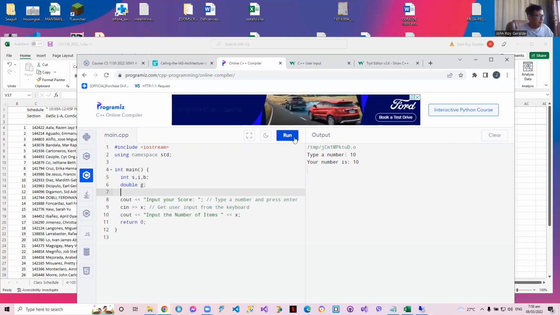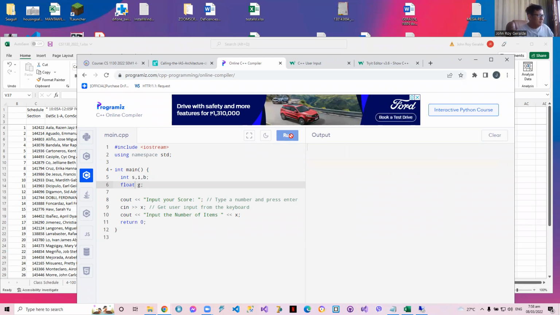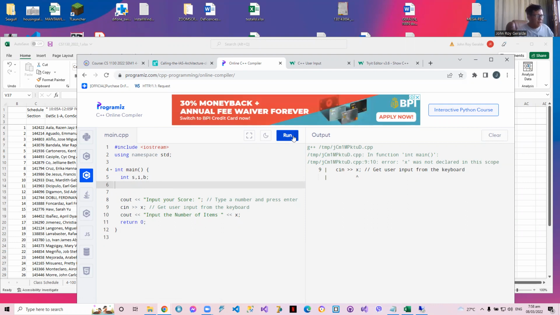Let's try this anyway. So ayaw niya ng double. What's the equivalent of float? X is not declared in the scope.